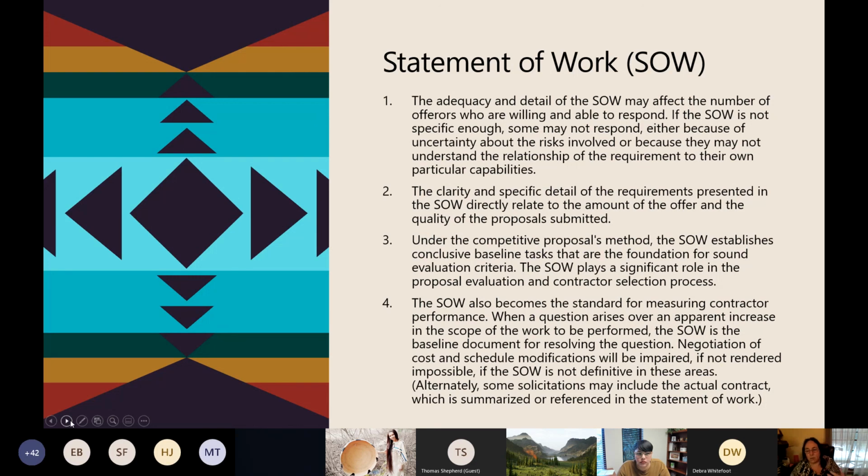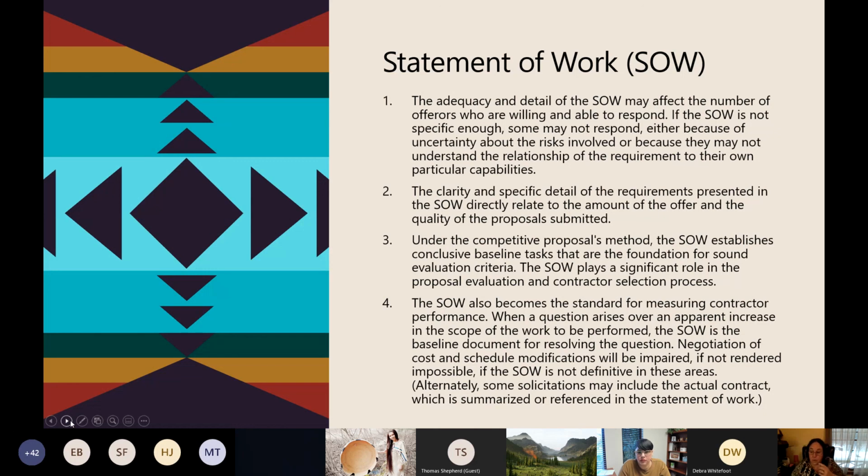Under a competitive proposals method, your SOW establishes your conclusive baseline tasks that are the foundation for your evaluation criteria. It plays a significant role in your proposal evaluation and how you're going to select that contractor. It becomes a standard for measuring contractor performance.